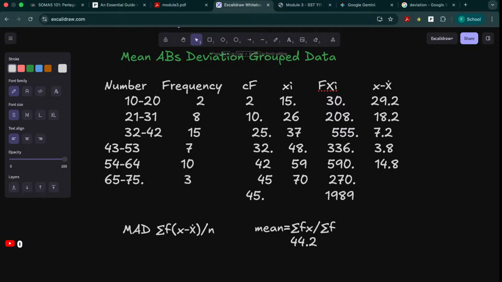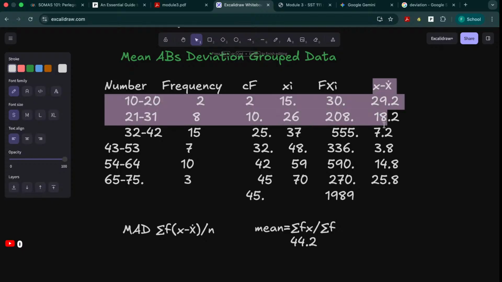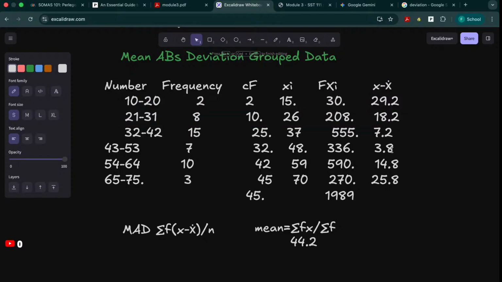We have 70 minus 44.2, we should have 25.8. Then we add all these values, x minus the mean, we should get a number here.